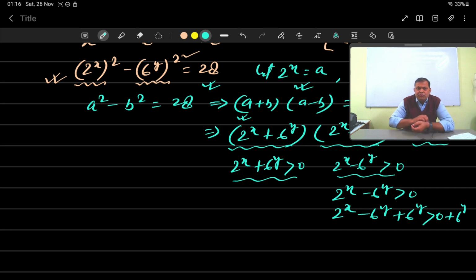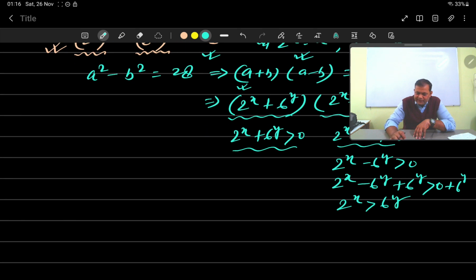In the rule of inequality you can add or subtract the same term on both sides. So I have added 6 to the power y on both sides, and this will not affect the inequality sign. So now you can write 2 to the power x is greater than 6 to the power y. And if 2 to the power x is greater than 6 to the power y, this means x is always greater than y.